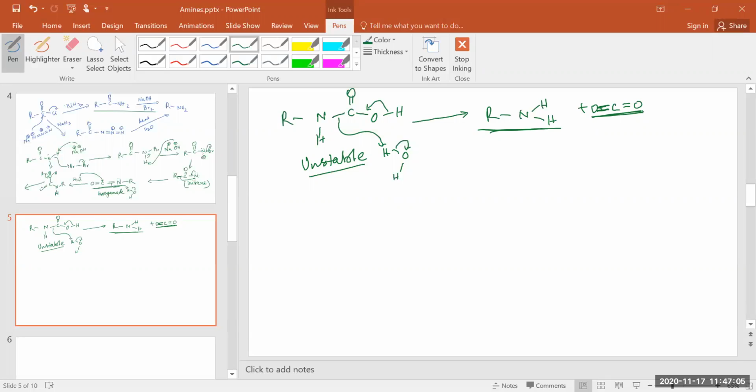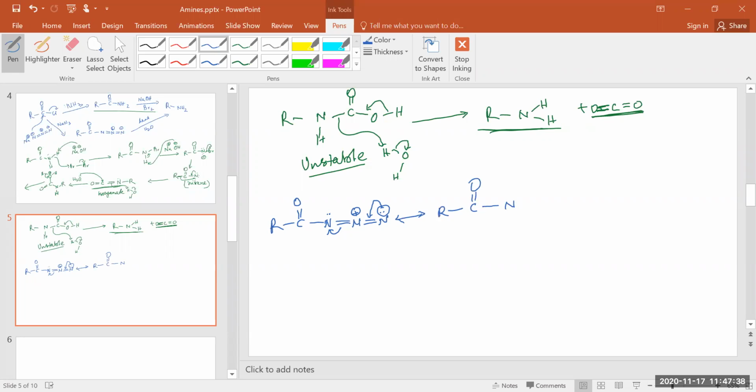Okay. So very quickly, I will show you the other reaction, the acyl azide reaction. The mechanism is like this. What happens is, under heating condition, this will come here, this will go here. This is a resonance you can write for acyl azide. So we are writing another resonating structure.